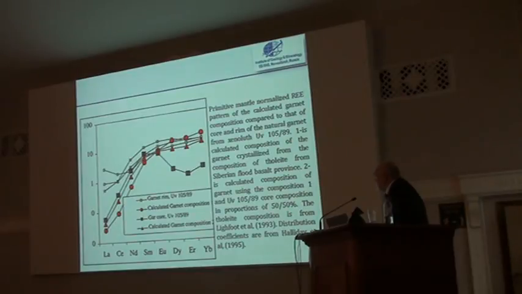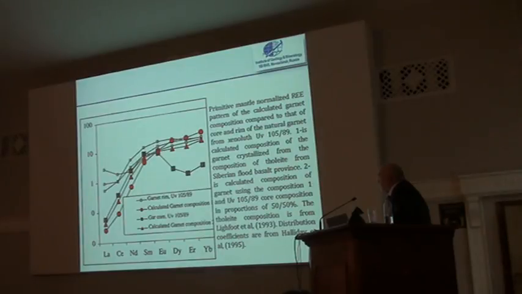And the core, it's the rim. You can see like this. It's normal. Some increase of light rare earths, lanthanum and cerium, can be related with interaction with kimberlitic melt.